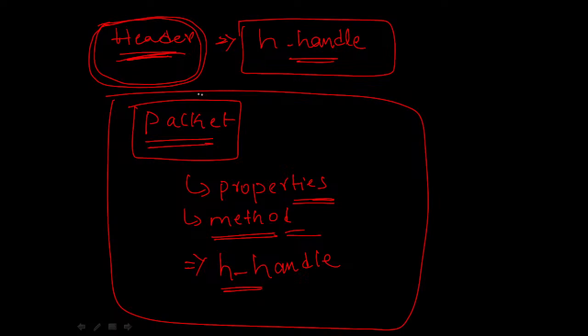To summarize, the packet class consisted of a nested class handle called header, and it was not copied. The entire object was not copied, only the handle was copied. That's what we have seen.